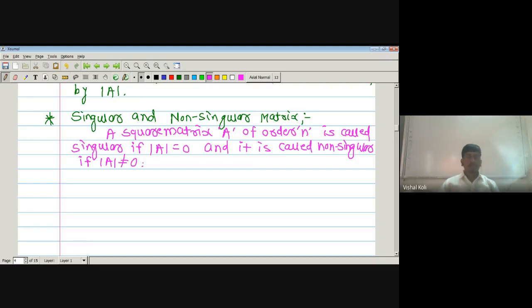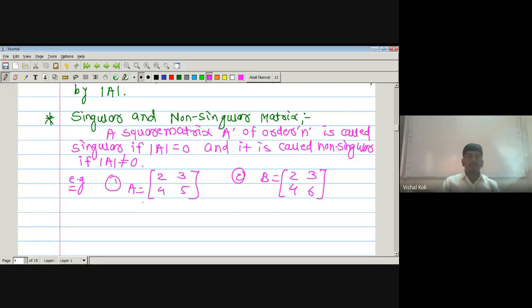Okay, so if we have any square matrix of order n, then it is called singular if its determinant value is equal to 0, and non-singular if its determinant value is not equal to 0. For example, first one, A is a matrix 2, 3, 4, 5, and second one, B is 2, 3, 4, 6.